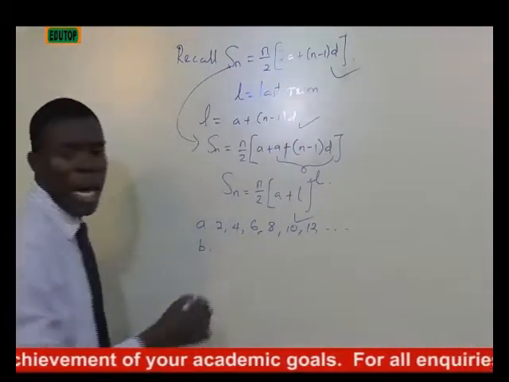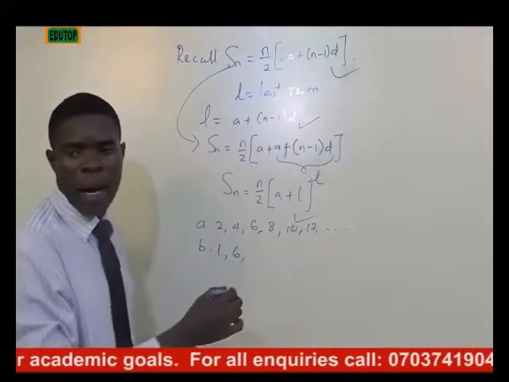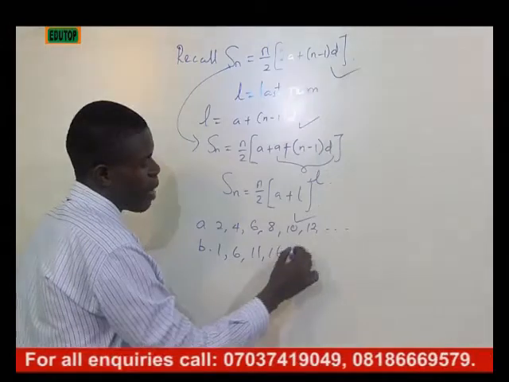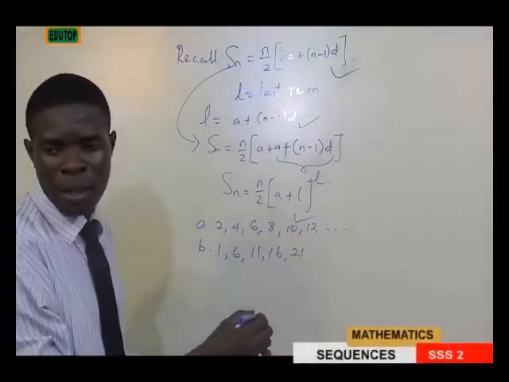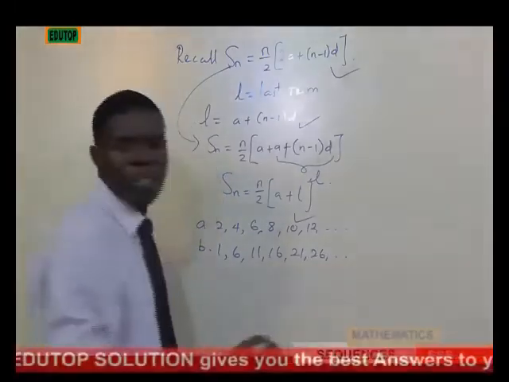Then B, we have 1, 6, 11, 16, 21, 26, dash dash dash.